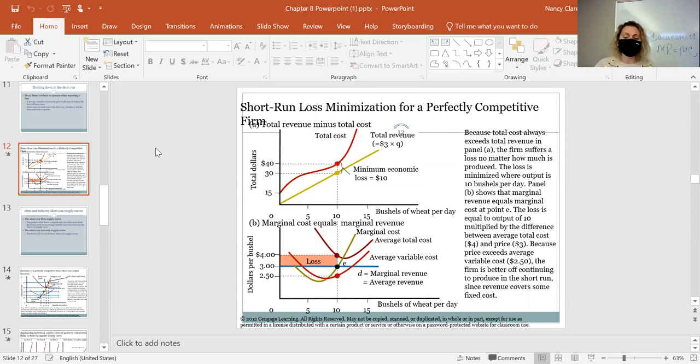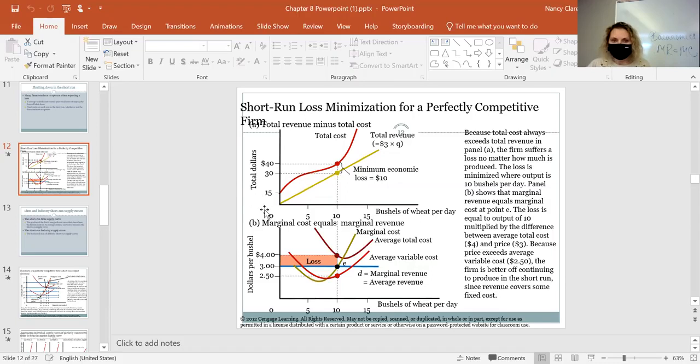Your cost curves are all the same. Cost didn't change because price changed. Cost stayed the same, so all of your cost curves are exactly identical to the ones you previously saw. What's different is your revenue lines, your revenue curves, okay? So you can see up on this top one, it's upward sloping.